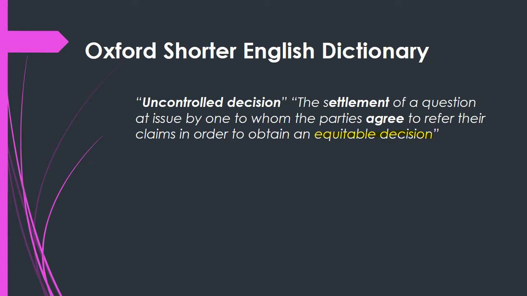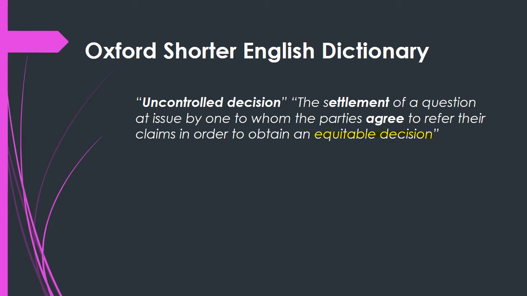And then another issue, what does the Oxford Shorter English Dictionary mean by uncontrolled decision? Who is controlling or not controlling the decision? If you remember from the definition we got from Brown and Marriott, arbitration is by agreement of parties. Agreement of parties is cardinal to arbitration.